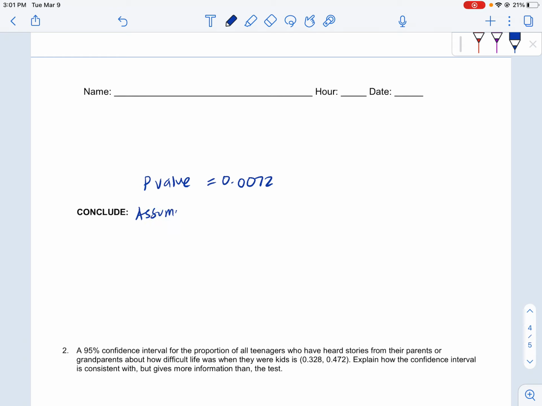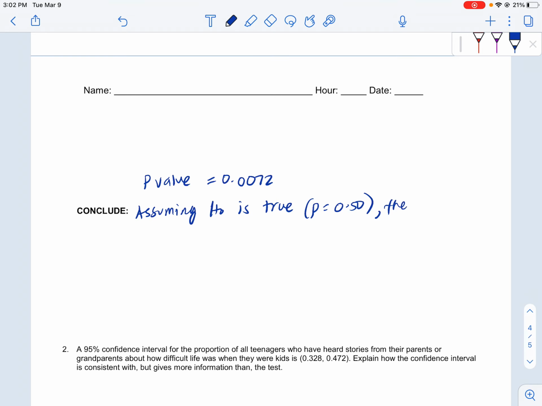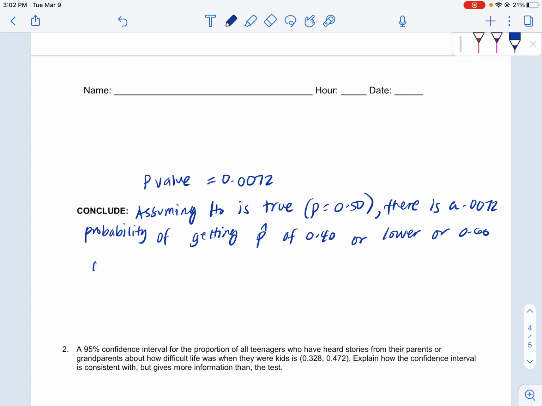Assuming, we always start with that word, assuming H0 is true, H0 is the null hypothesis, that it is 50%, there is a 0.0072 probability of getting a p-hat of 0.40 or lower, or 0.60 or higher, two-sided, remember, purely by chance.